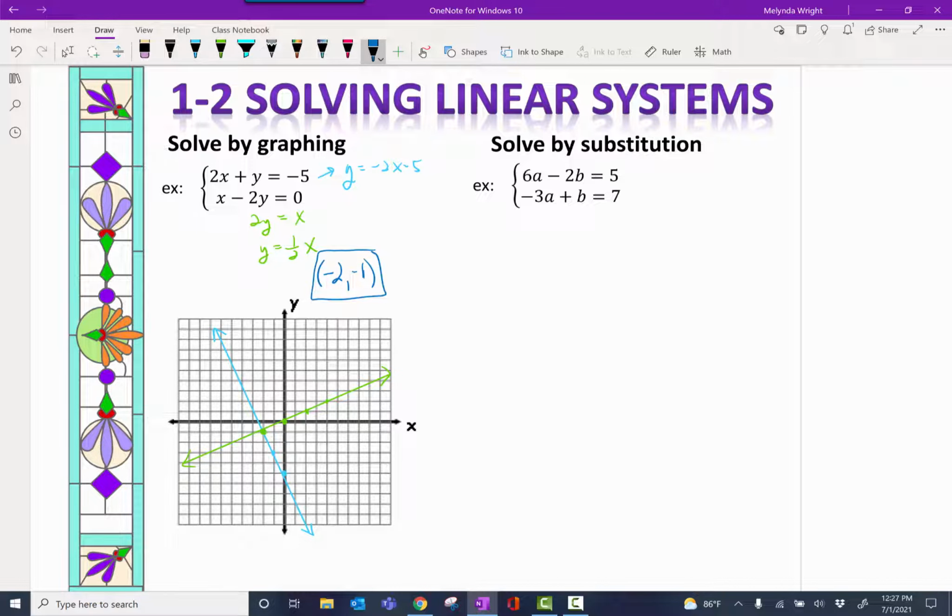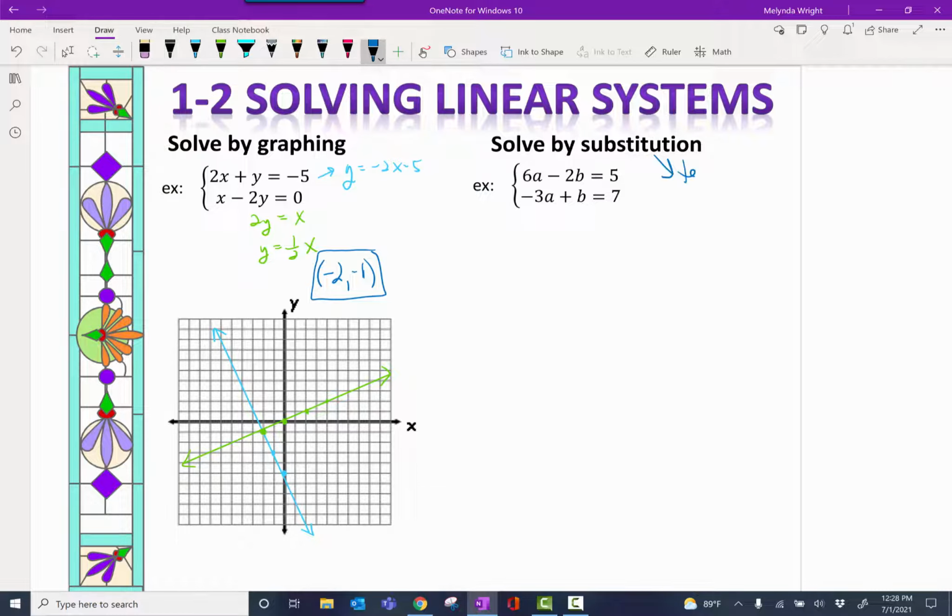All right, now let's take a look at our second type, which is solve by substitution. It really doesn't matter which equation you use and which variable you solve for. I'm just going to remind you what we do.